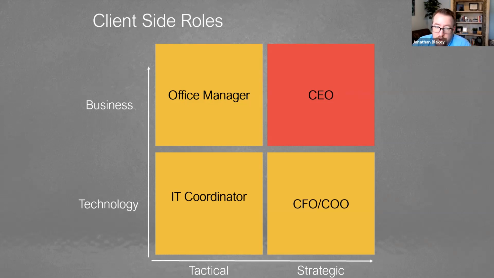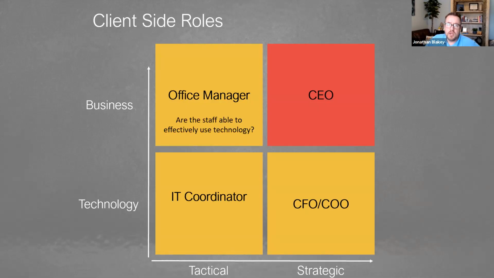The IT coordinator and office manager are going to be more on the tactical side, either specific to technology or looking at the whole business tactically. And then on the right side, your CEO, CFO, and COO operational roles. The CFO and COO are more strategic from the technology isolated side, to then the holistic CEO viewing the whole business from a strategy standpoint.